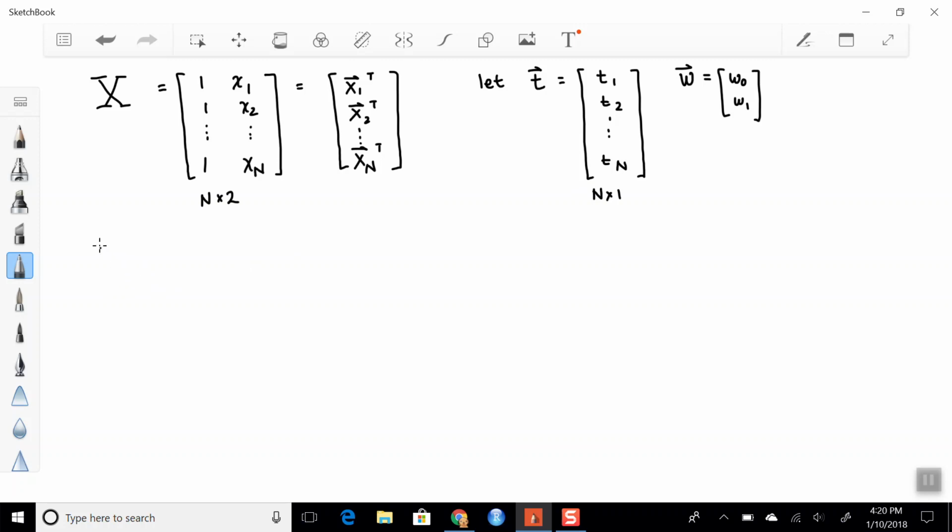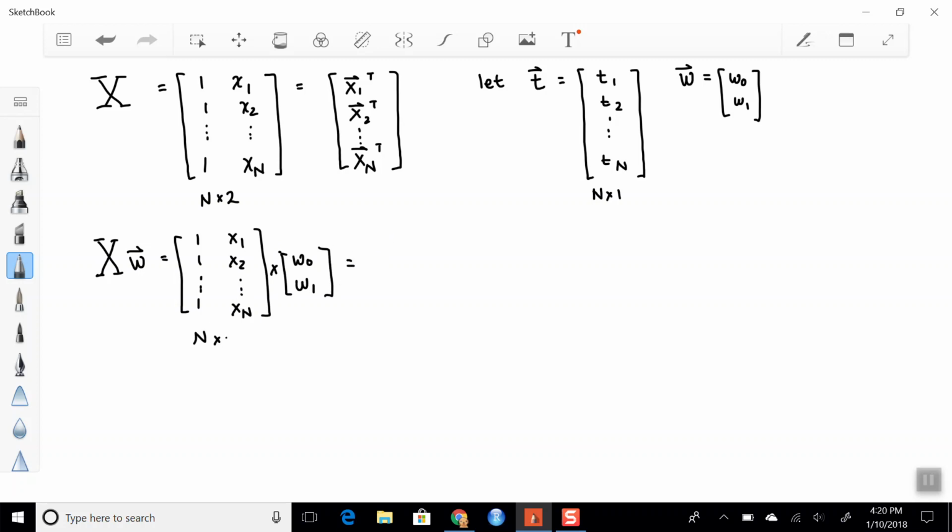Okay, so if I have x times our w vector, we have exactly this. 1 x1, 1 x2, dot dot dot, to 1 xn, times w0, w1, which will give us, so I've got an n by 2, and this is a 2 by 1.